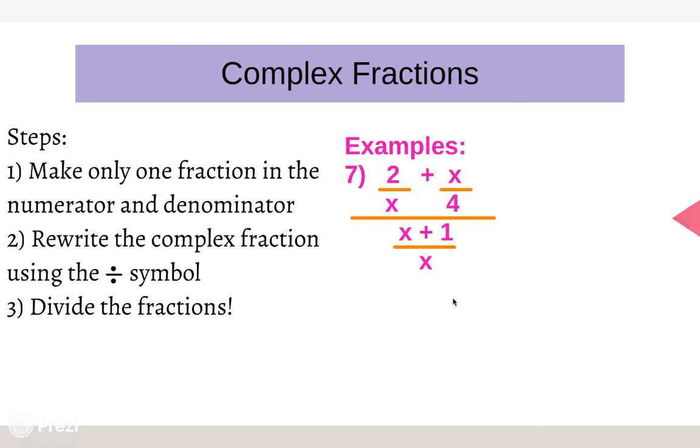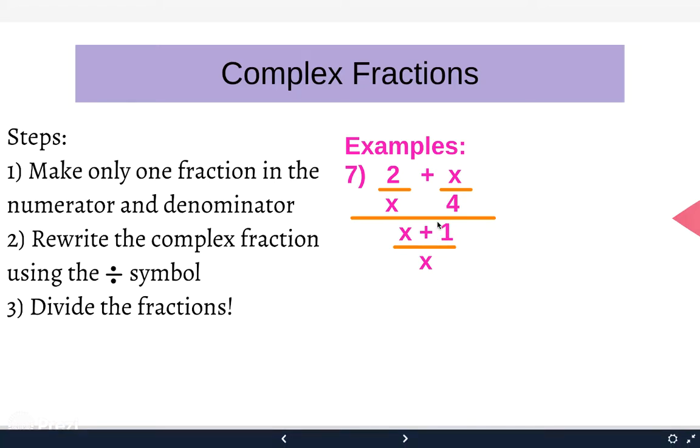So the steps involved, we're going to make only one fraction in the numerator and only one fraction in the denominator, which if you look at this one, the denominator is already one fraction. It's already together. This one, though, in the numerator, we got two separate pieces, so we must combine them into one. So we'll do that first.